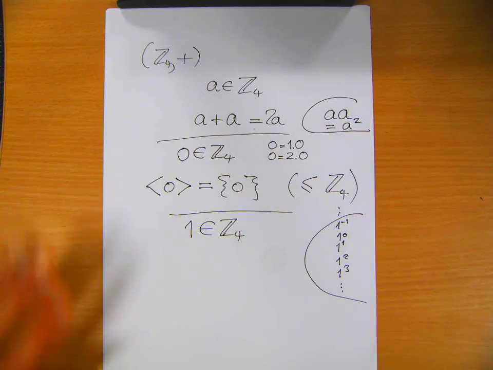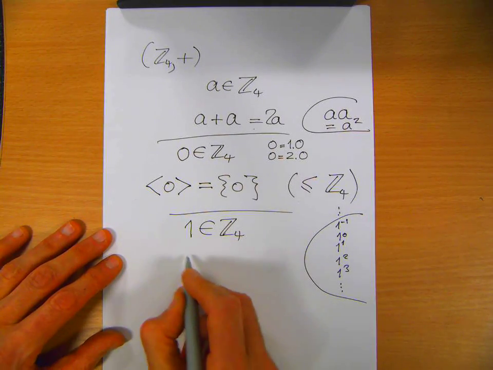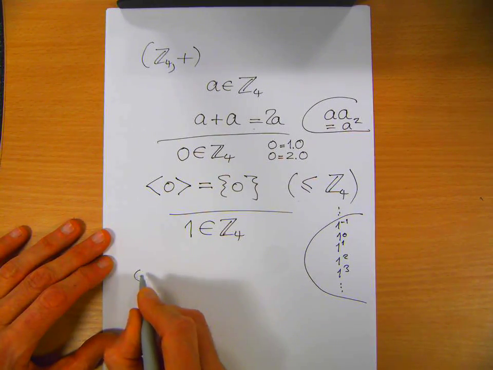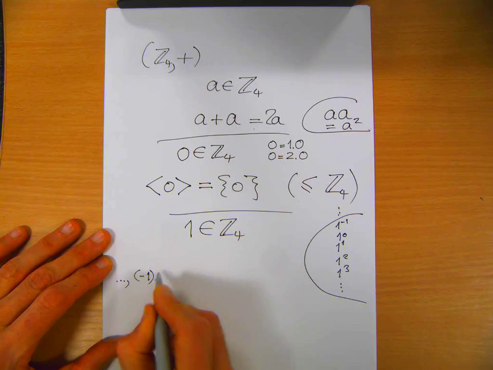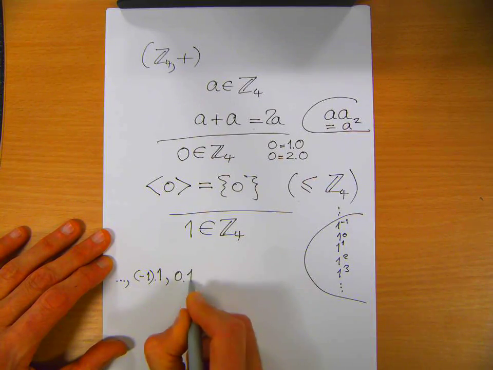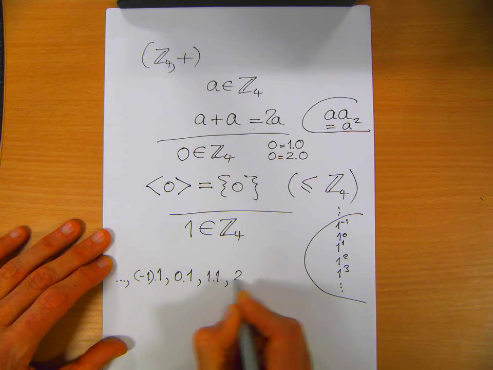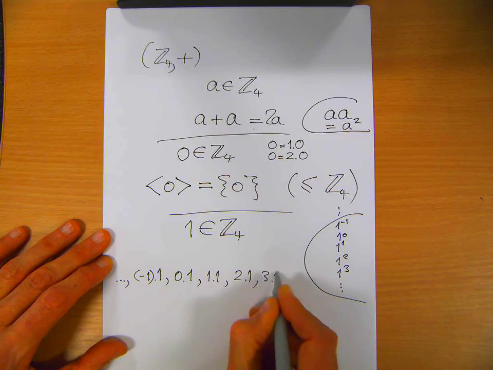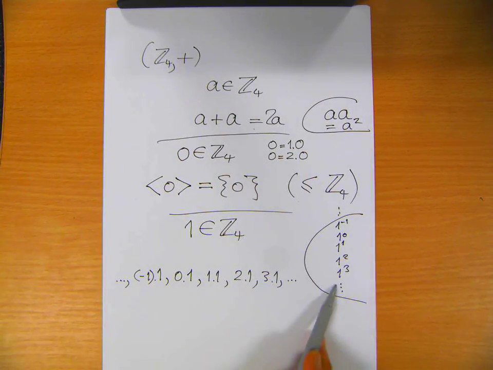But now we're using additive notation, so we're going to be looking at minus 1 times 1, 0 times 1, 1 times 1, 2 times 1, 3 times 1, and so on. So that's the analogue of that, using additive notation.